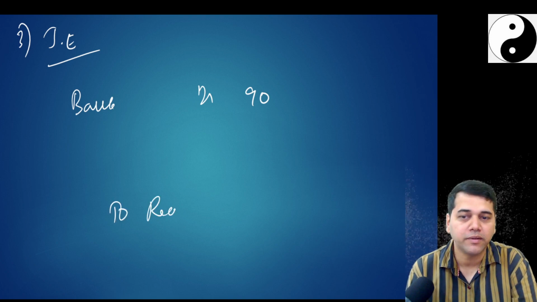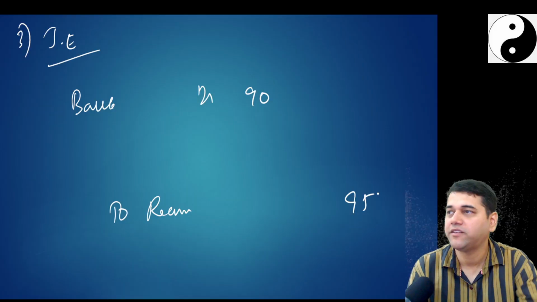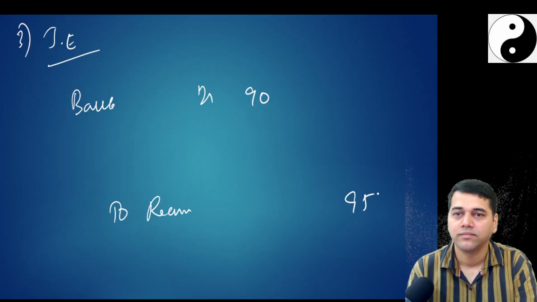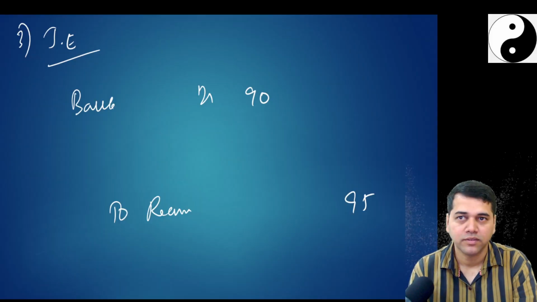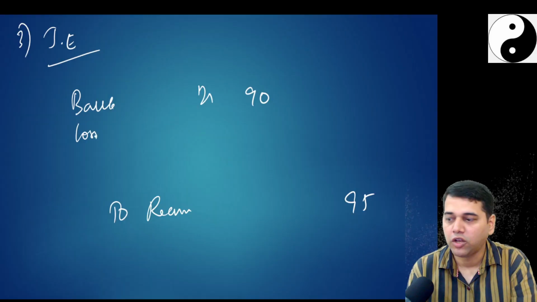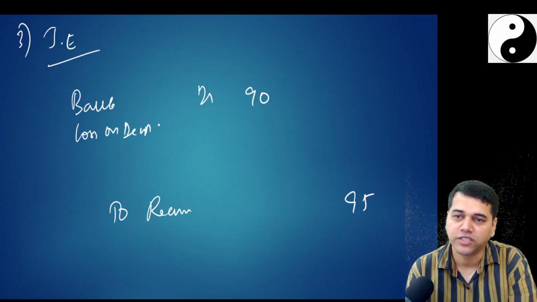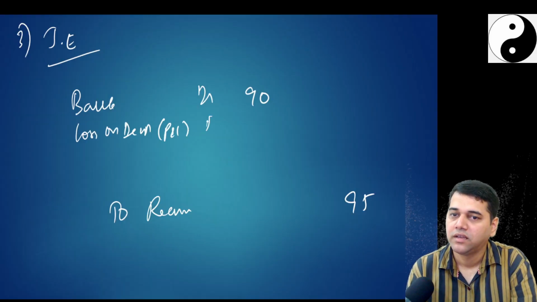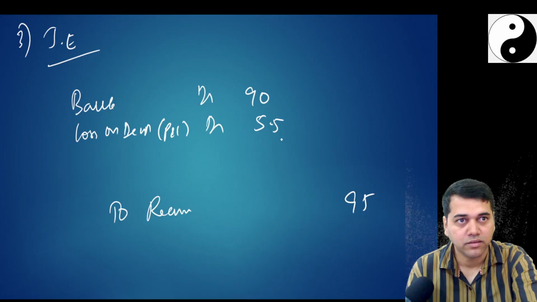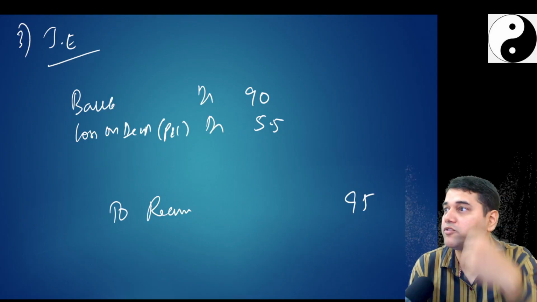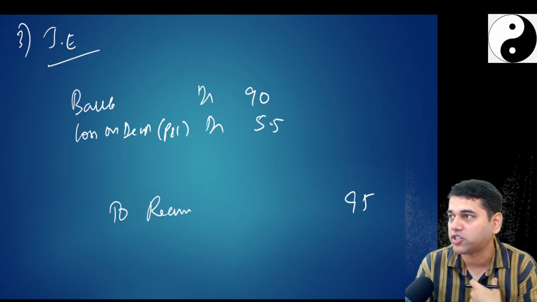To receivables 95, because 95 goes out. Did I make a loss? Yes, I will say loss on derecognition in P&L. How much? It is 5.5: 5 here plus 0.5 liability also, the fair value of the liability. The guarantee is also my cost, no?